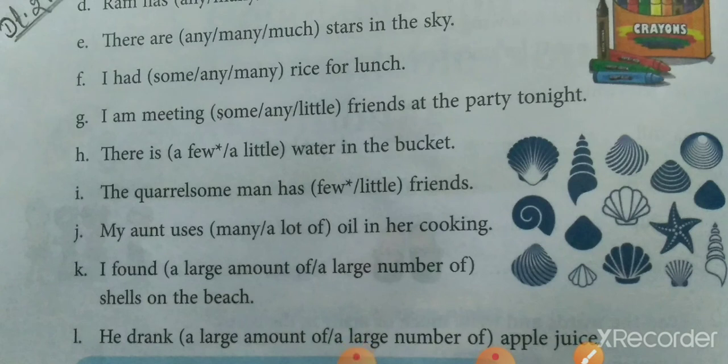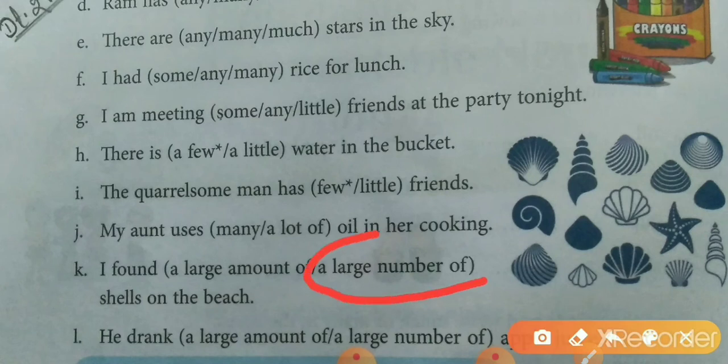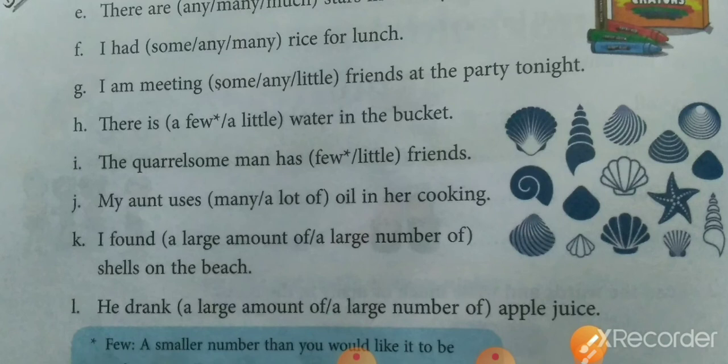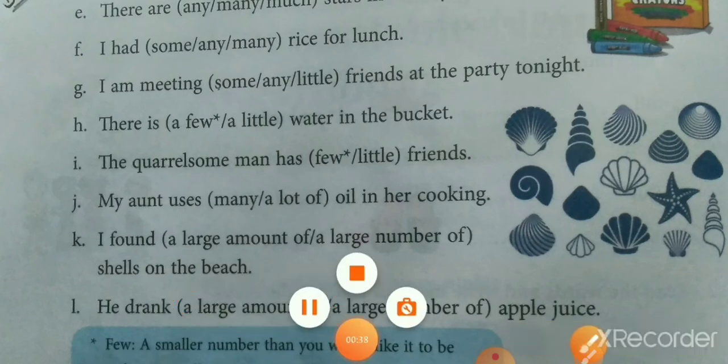Shells are countable, so you will circle a large number of. Then L. He drank apple juice. Apple juice is uncountable, so we will circle a large amount of.